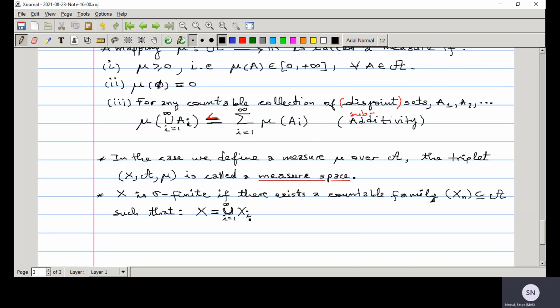So this is the sigma I mentioned. And mu of Xi is finite for any i.